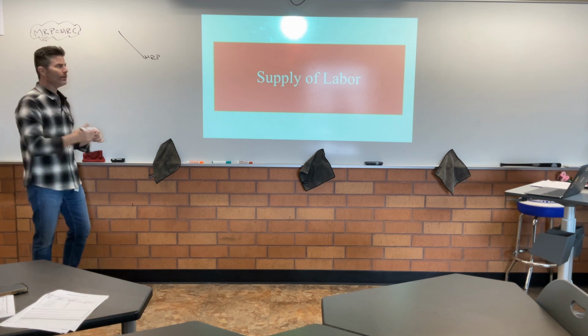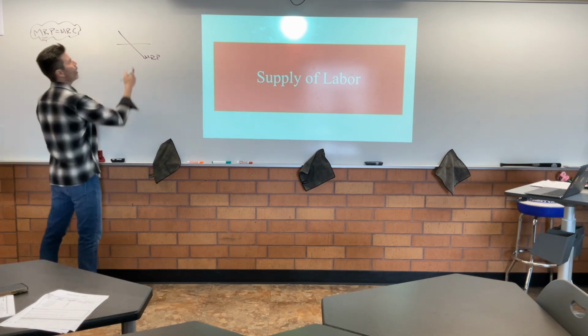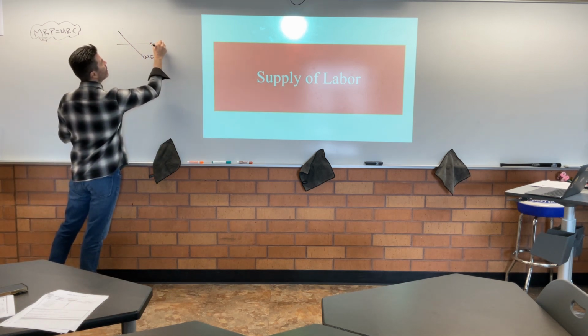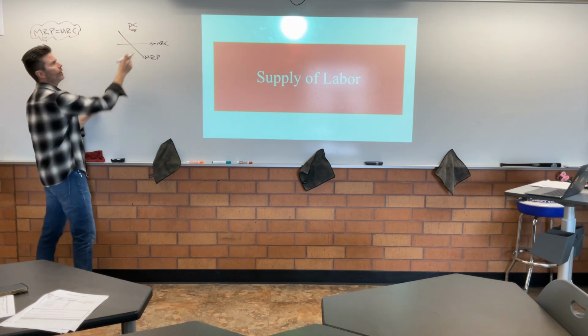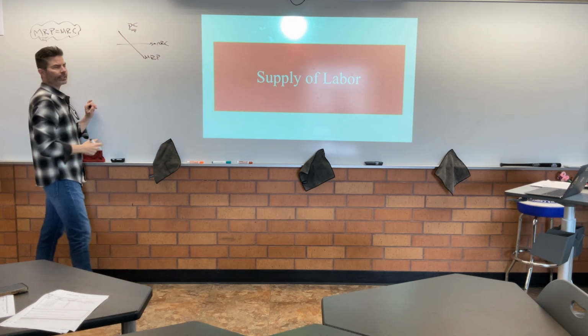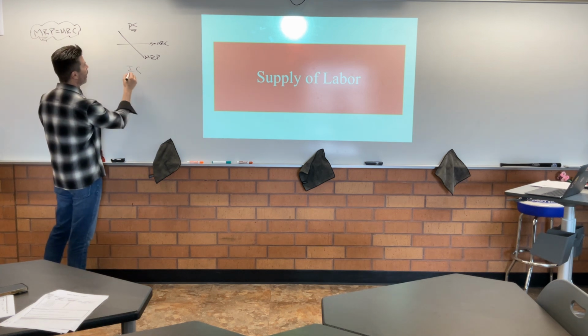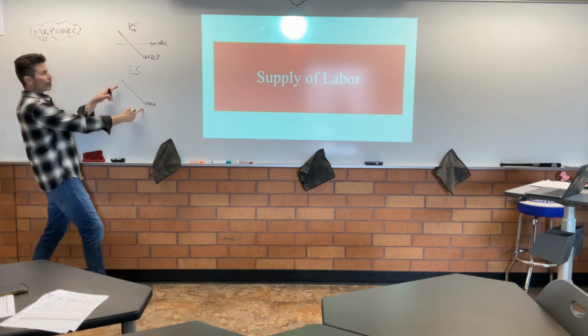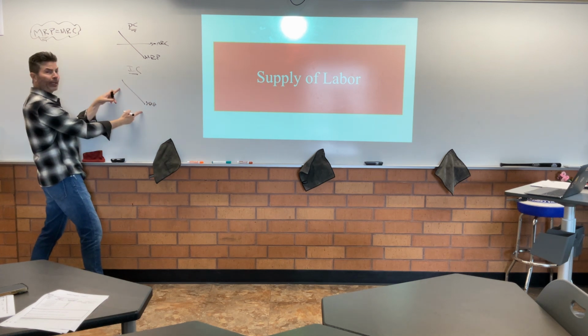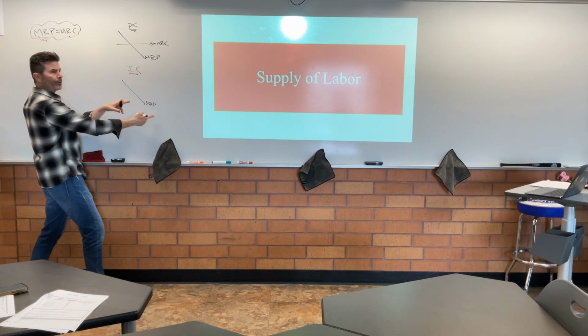What we're going to do now is we're going to figure out why, if this is a perfectly competitive labor market, the supply curve looks like this. And we're going to learn about why in an imperfectly competitive market, we don't have to explain this. We've already learned why the MRP is downward sloping, diminishing marginal returns.